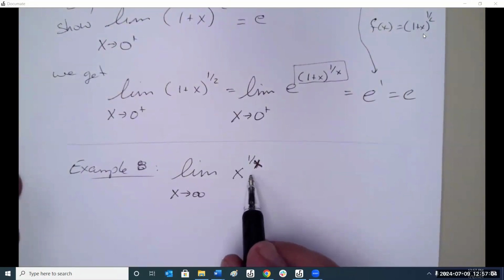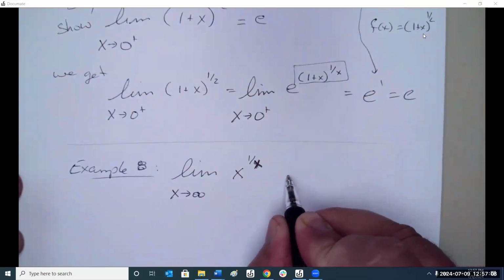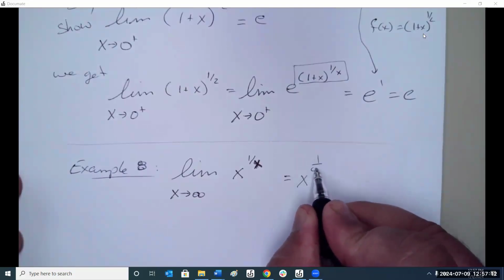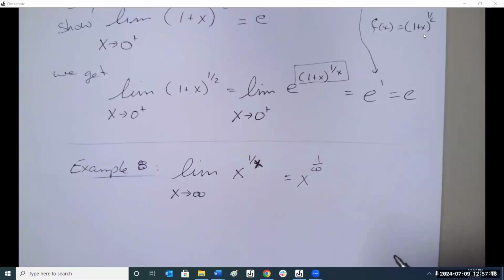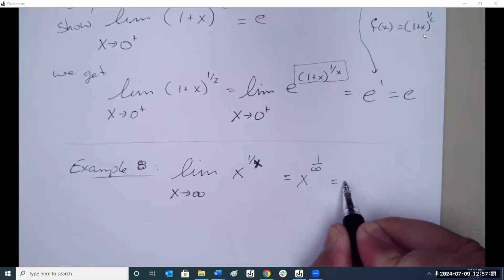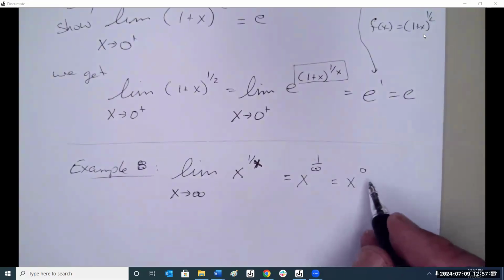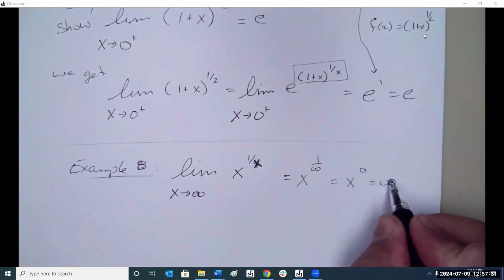So the first thing we do is what? What do we know about this one? x to the 1 over infinity. 1 over infinity becomes what? Yeah, because x gets very big, so it's 0. And when x goes to infinity, we get infinity to the power 0.